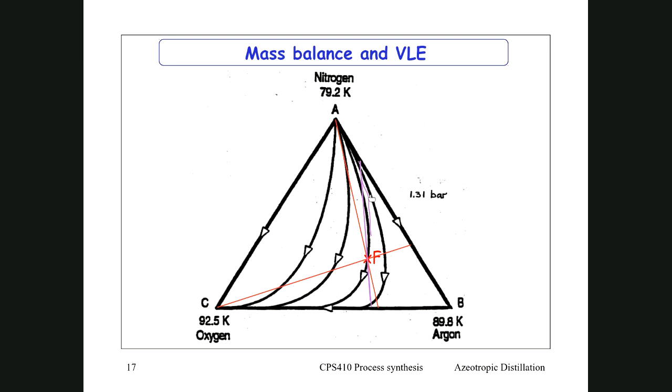So if we started there, straight line through the feed, on the other side of the feed where we cross the same residue curve, we've got both the mass balance correct because of the straight line and the lever arm rule, and we've got the vapor liquid equilibrium right because we are following the same residue curve. And now we can go and check. So that worked if we started over there.